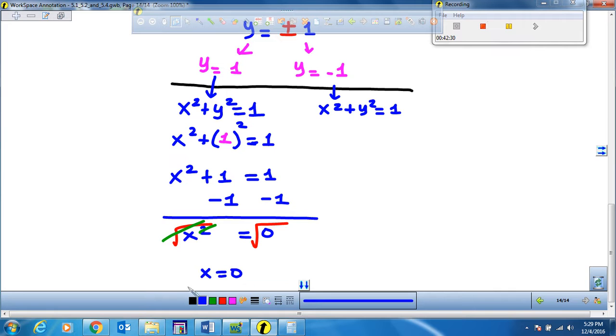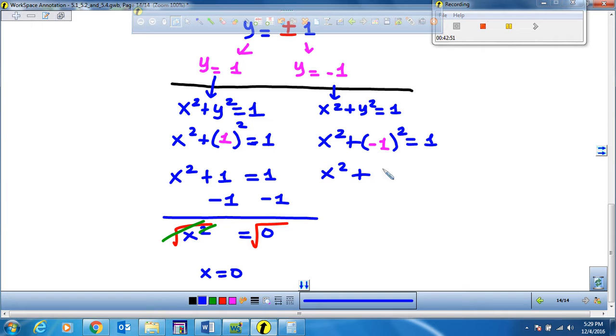So here you don't have to do plus or minus 0 because 0 is a neutral number, so there's no need for you to do that. This one, if you substitute a negative 1 and then you square it, it's going to turn anyway into a positive 1. So the only difference is that the y coordinate is different, right?